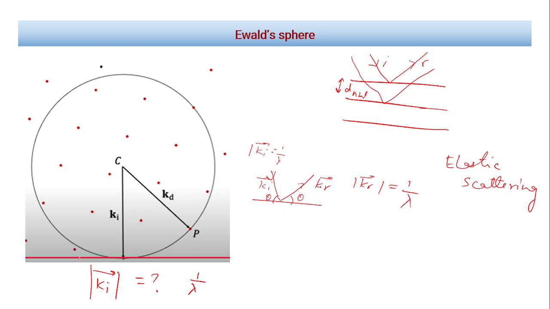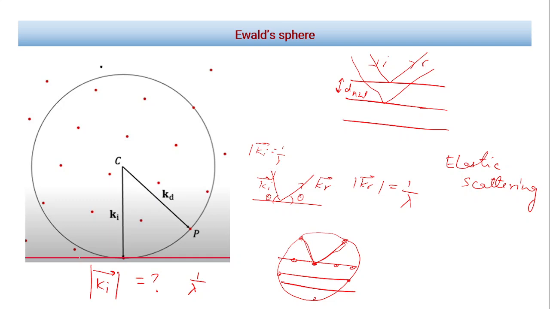When this situation happens, with this incident vector and this reflected vector, since their magnitudes are the same, if taking this as radius we draw one Ewald sphere, then since the radius is the same, they both will lie on the sphere, and there may be some more points which lie on this sphere.